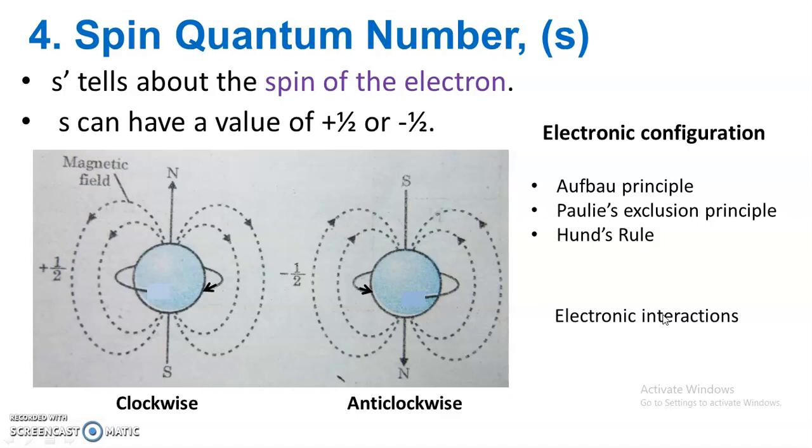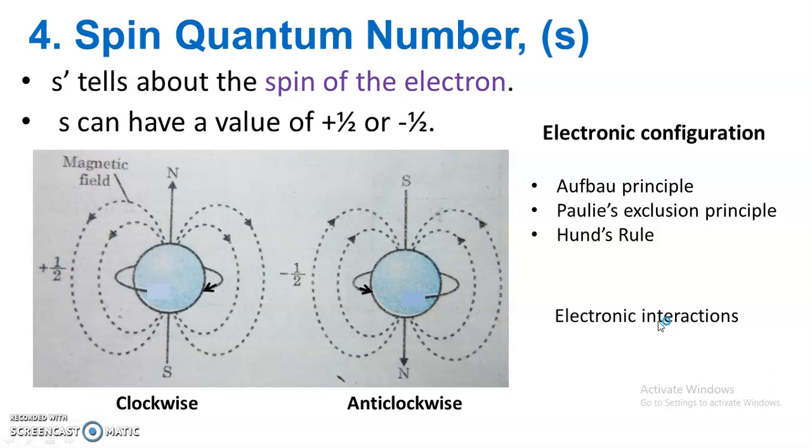Not only is there interaction between two electrons, there is also interaction between the electronic spin and the orbital angular momentum. This interaction is also not considered in the electronic configuration. So energy states are the energy levels resulting from the electron-electron interactions and magnetic interactions.